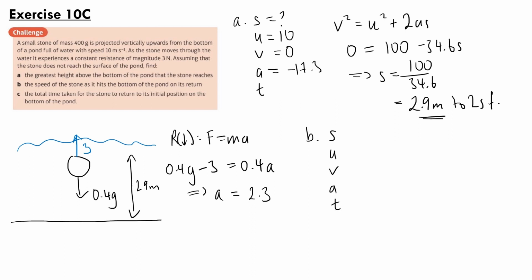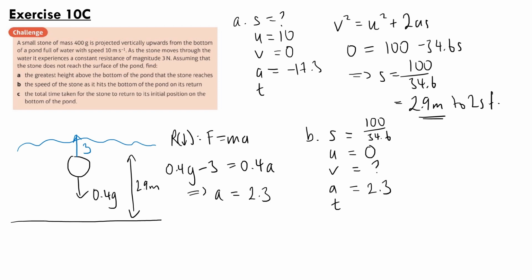So doing SUVAT again here, we know that the distance it has to fall is the same 2.9 that we have here, so we can use 100 over 34.6 for this. We know that the initial velocity will be 0 as it's at rest before it falls back down again, and we're trying to find the speed as it hits the bottom of the pond on its return, and we know that the acceleration downwards is 2.3.